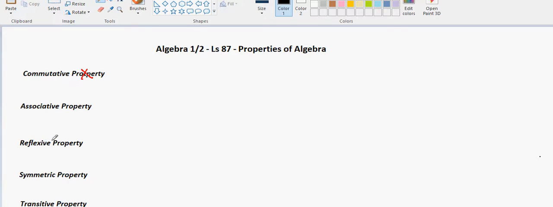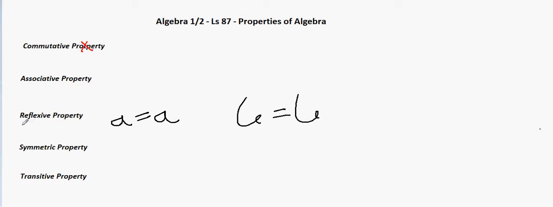Reflexive property is going to mean the most obvious thing, that A equals A, that a number's value is equal to itself. It's reflexive, refers back to itself, okay? Simple enough. Symmetric property means that we can change the order of an equation.